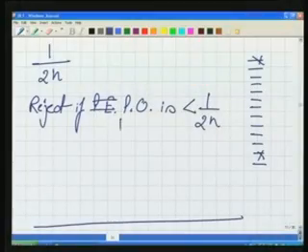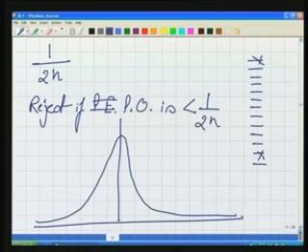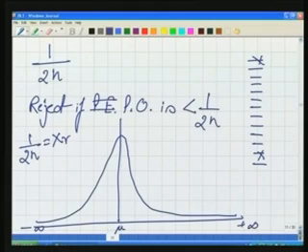Now, what is the meaning of this? We will try to see this again in the normal curve. I am drawing the normal curve again. This is important, and we must understand what we are doing, from minus infinite to plus infinite, and that is the mean. Let us say 1 by 2n is a value x r.